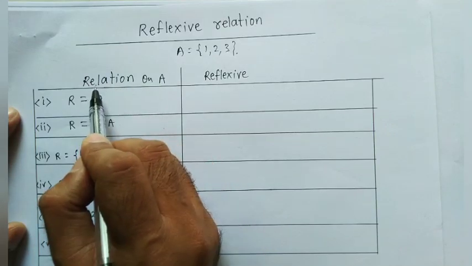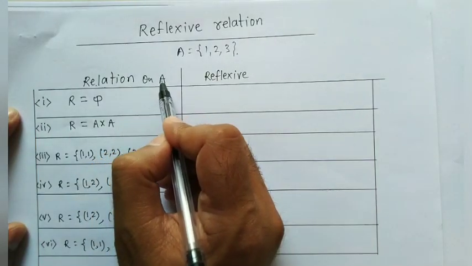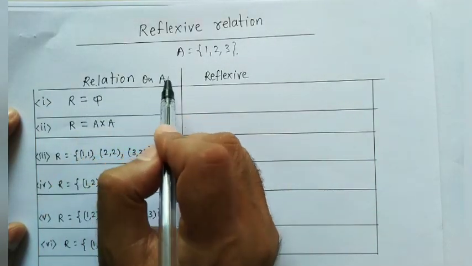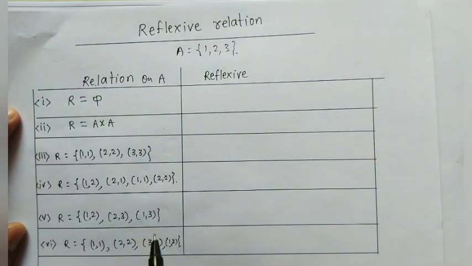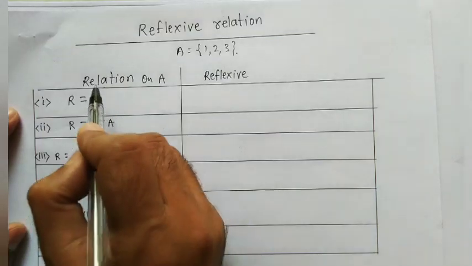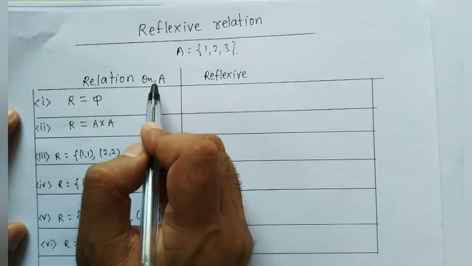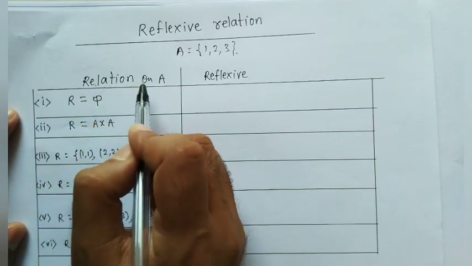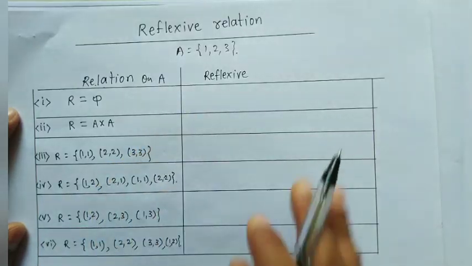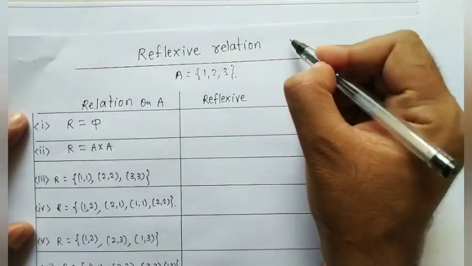Recall in the first or second lecture we discussed that a relation on set A means a relation on A cross A. At that time we discussed the Cartesian product A cross B and the Cartesian product on A. So the same thing is here: relation on A means relation on set A cross A. What is A cross A?